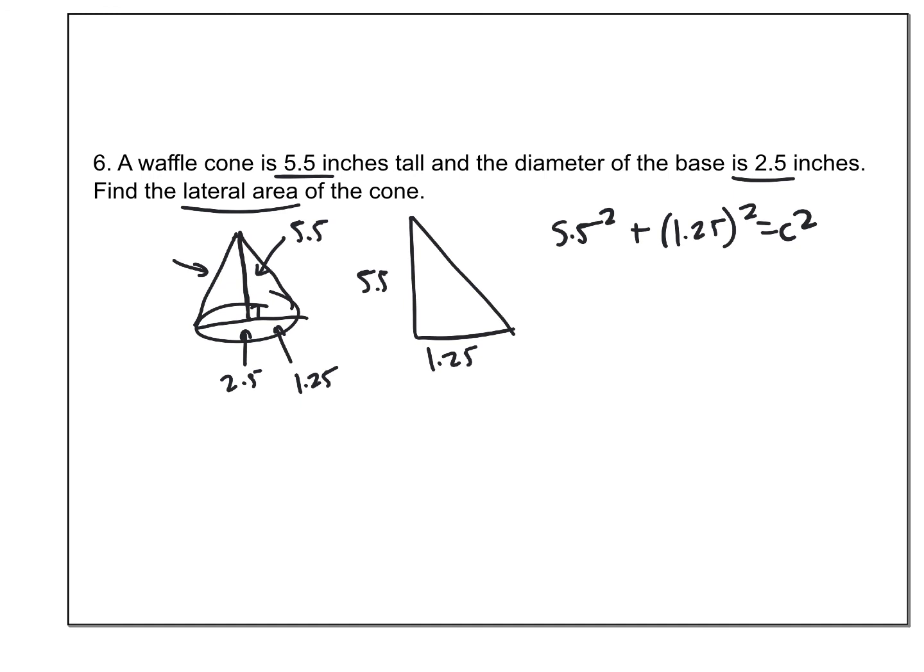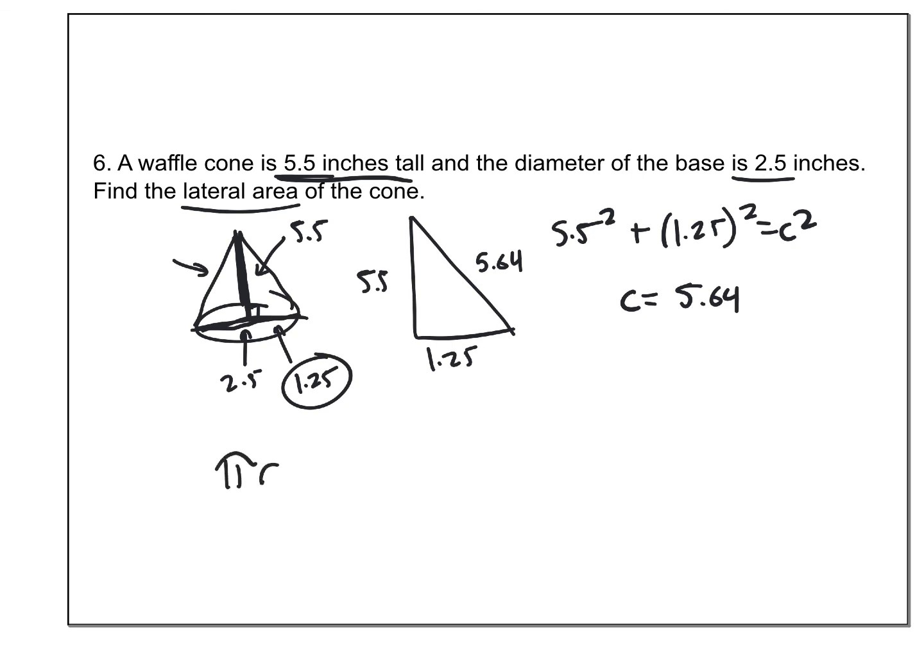So now a little bit of calculator mashing. And I get c to be 5.64. Again, I just rushed through the Pythagorean theorem there, just recognizing that 5.5 inches tall represents the straight height. A diameter of 2.5, cut that in half to get my radius.